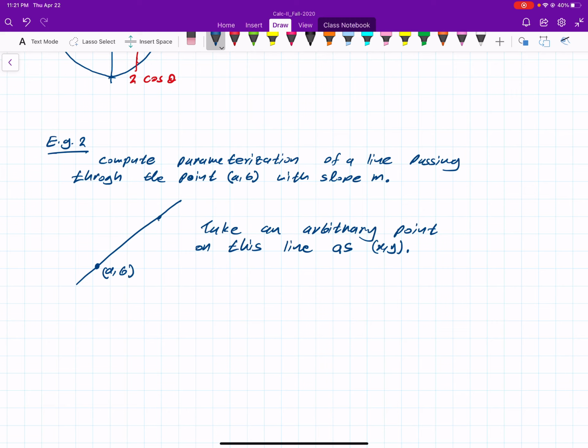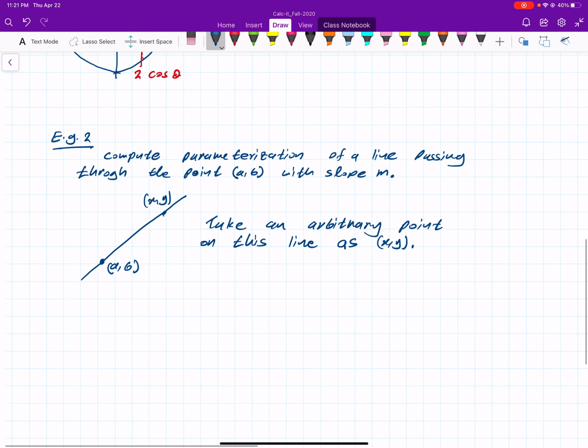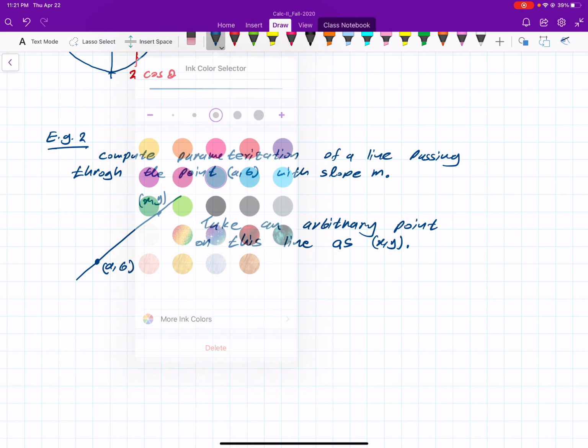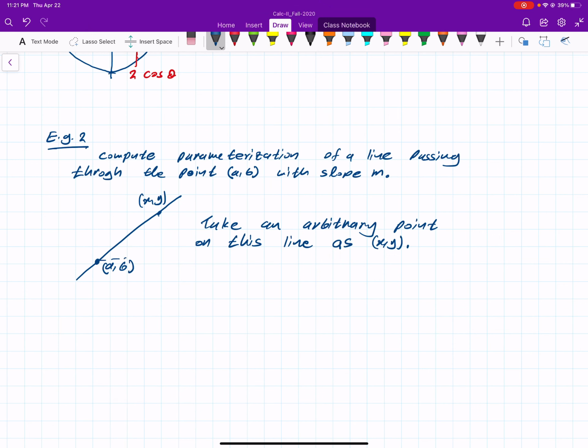This is the arbitrary point which describes this line, and then you can write down the slope of this line, which is from calc 1. You have done this earlier, so you can make this construction, and then you could take that as theta.